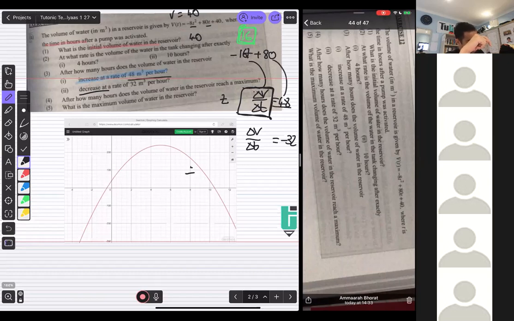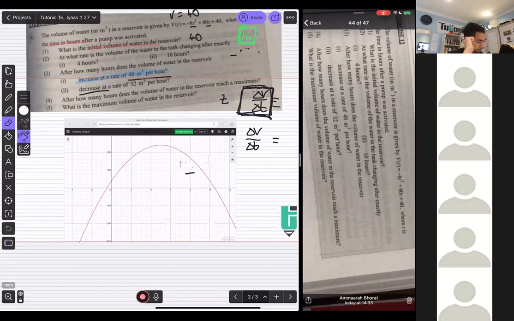So can I make 48 equal to that, and minus 32 equal to that? Which one are you working with, 48 or 32? The second question. Oh, okay, it's the same thing.